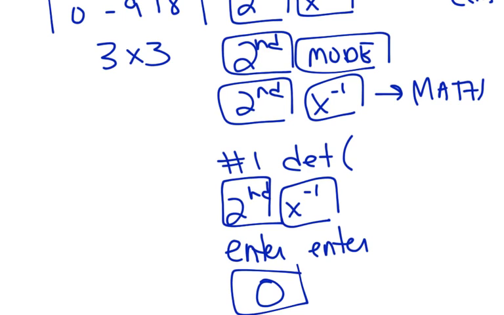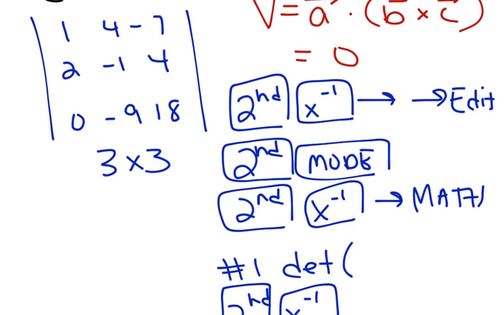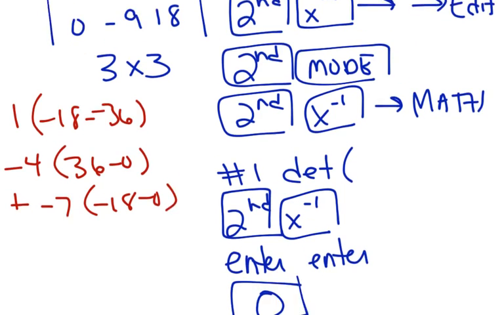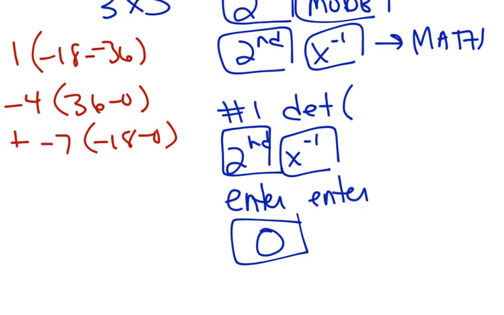But since this problem, the scalar triple product, is just 9 numbers, instead of doing it the long way, and you absolutely could have done 1 times -18 minus -36, and then done -4 times 36 minus 0, and then plus -7 times -18 minus 0, and you would have ended up with the exact same answer. But I like doing it in the calculator better.